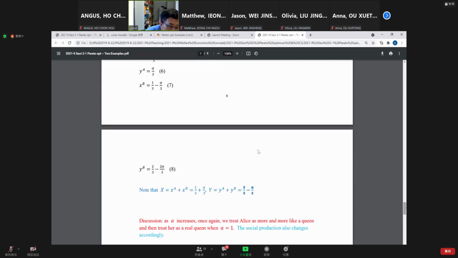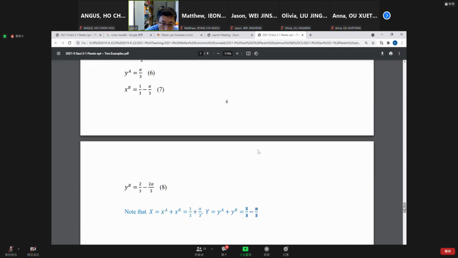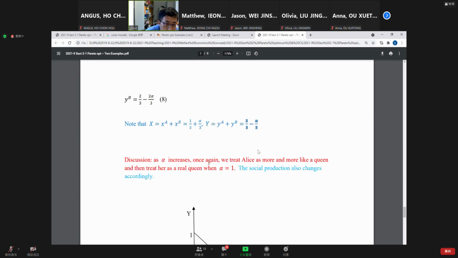When alpha increases, we treat Alice, intuitively, more and more like a queen. Alice is more and more like somebody, and Bob more and more like nobody. And then eventually we treat Alice as the real queen when alpha equals 1.